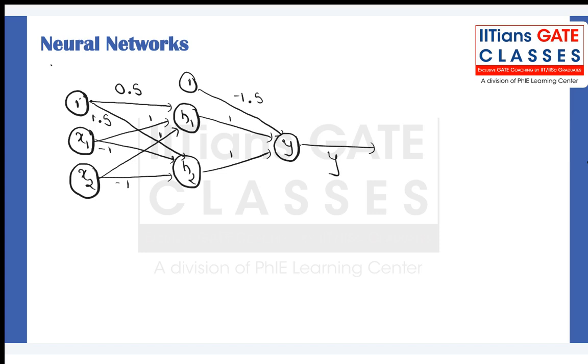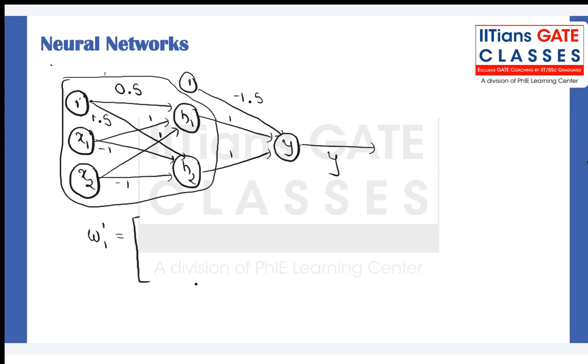In this scenario, just focus on this part. For H1, there are two weight vectors, which is 0.5, 1, 1, and the other vector.